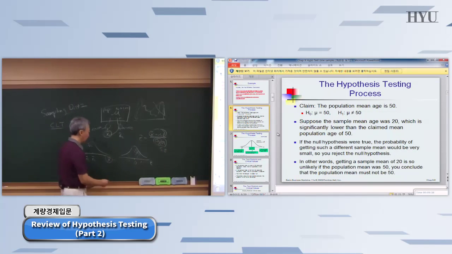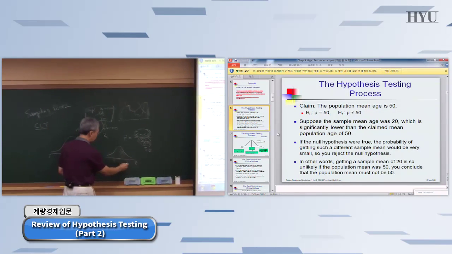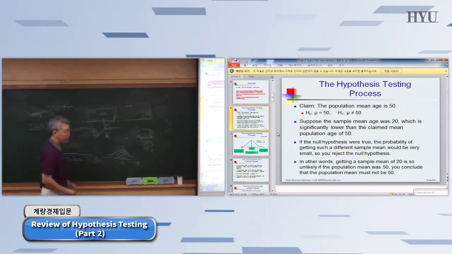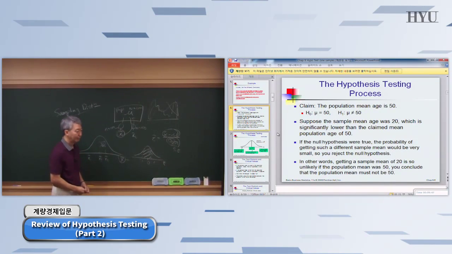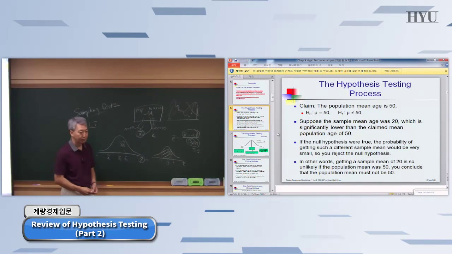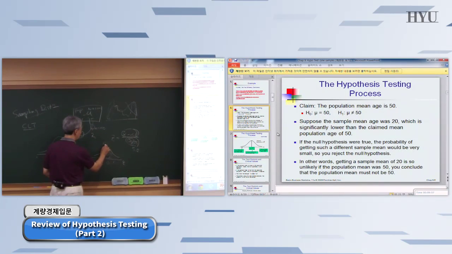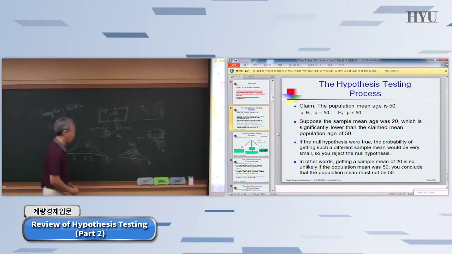So between -1 standard error and +1 standard error, we're going to have what? You remember? What percentage of all the observations, roughly? About 68%, right? About 68% of all the observations.